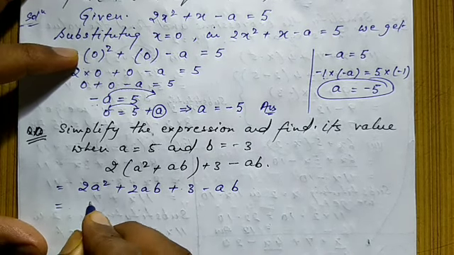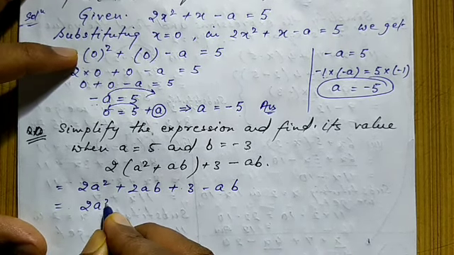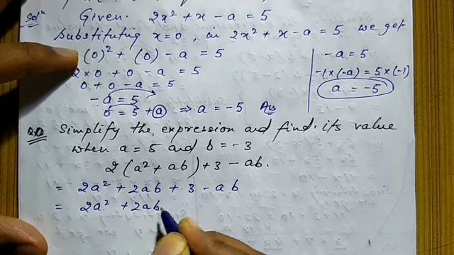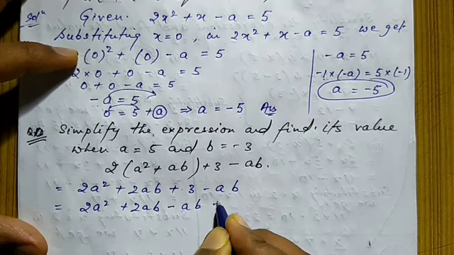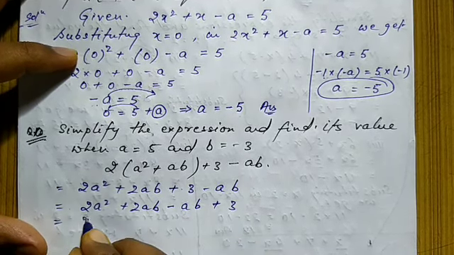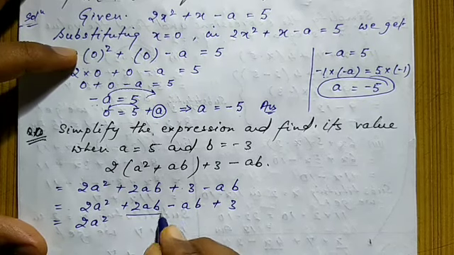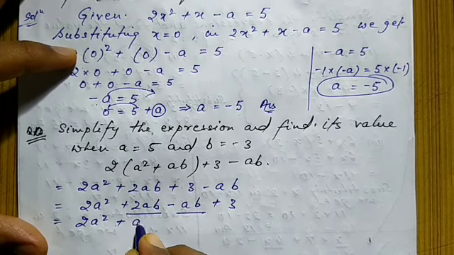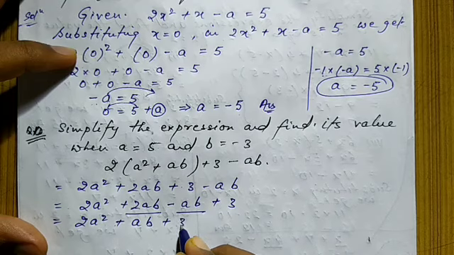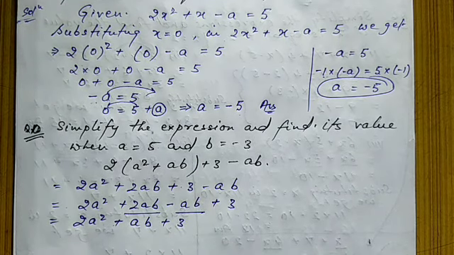So 2a square plus 2ab minus ab plus 3, which is 2a square plus ab plus 3. Okay, so this is the simplest form of this expression.